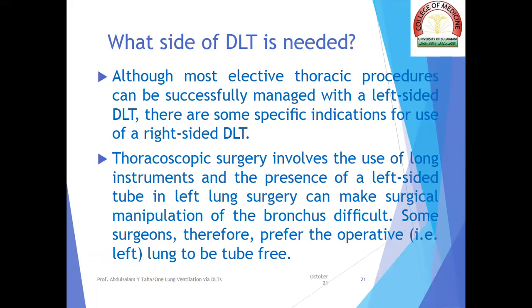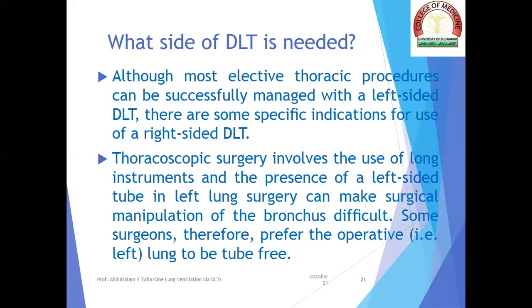Therefore, most doctors actually use a left-sided double lumen tube, regardless of the type of thoracotomy, whether it is right thoracotomy or left thoracotomy. And many residents in thoracic anesthesia state that they have never placed a right-sided double lumen tube.